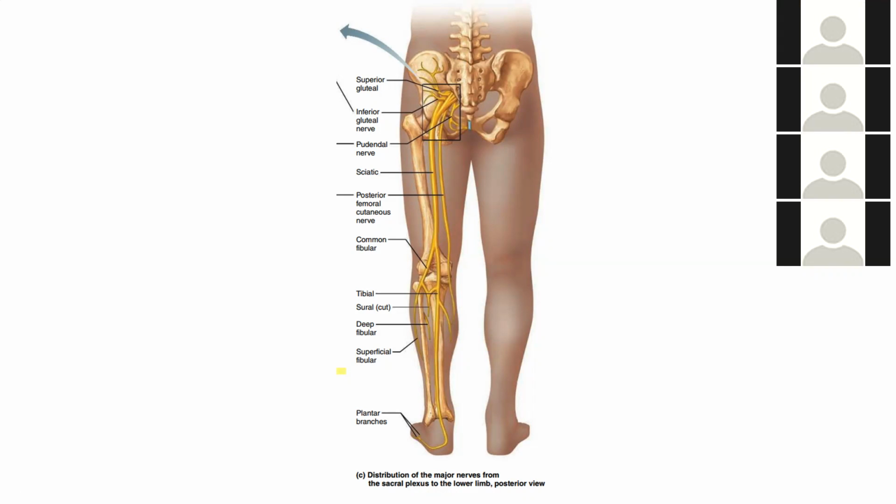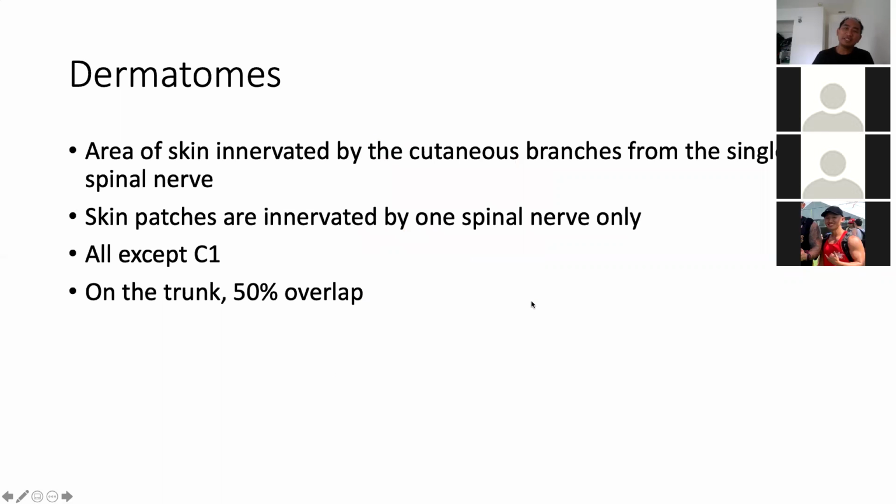And now we will talk a little bit about the dermatomes. So dermatomes, what is a dermatome? A dermatome is the area of the skin innervated by the cutaneous, so sensory, branch of one single spinal nerve.